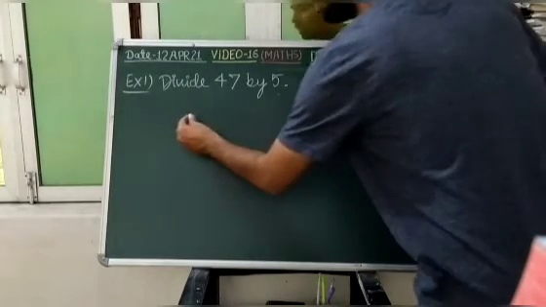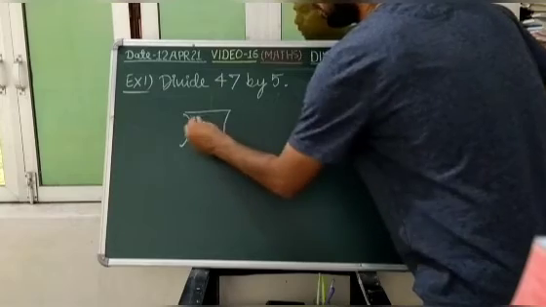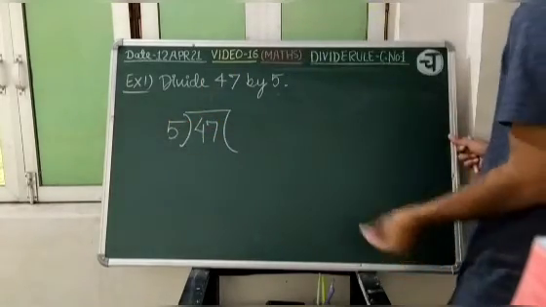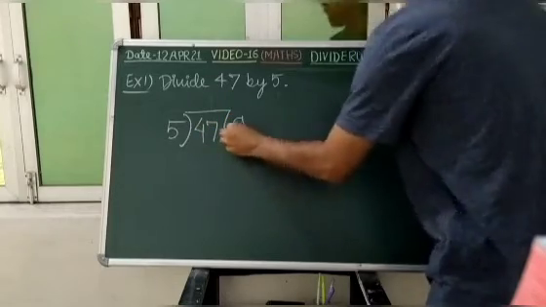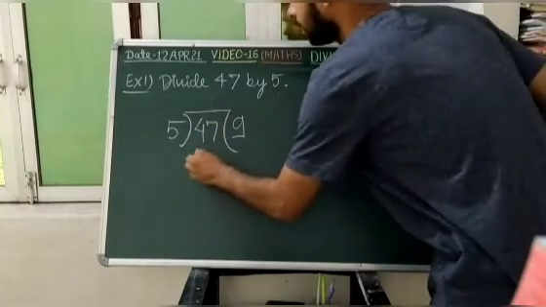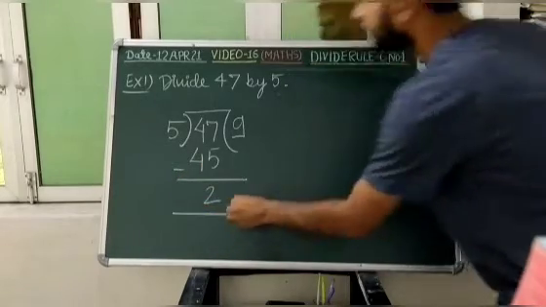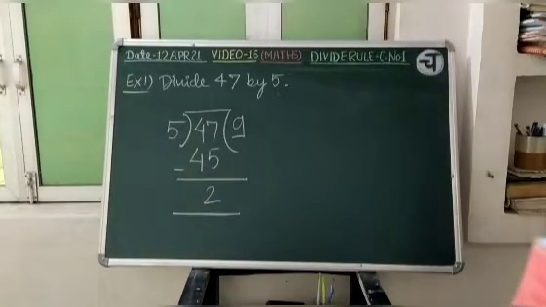So when we divide 47 by 5, you will look, it will go 9 times, and here 45 will come, and when you subtract, the remainder will come 2.